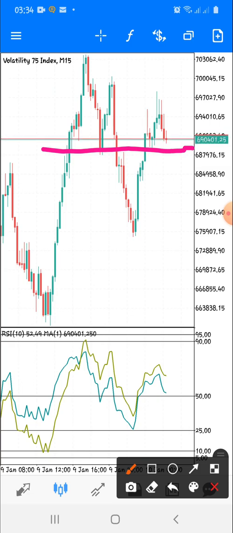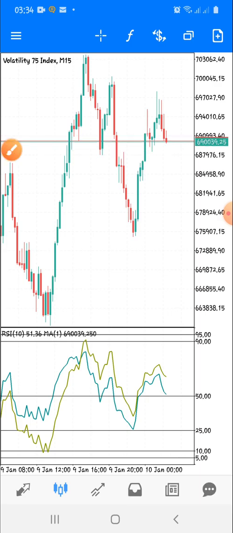So if it tests the level and a reversal is experienced, it's going to continue to be a buy. Why do we say it's going to continue to be a buy? It's because if we see our RSI in the window below, it is above the moving average and the RSI is above 50.